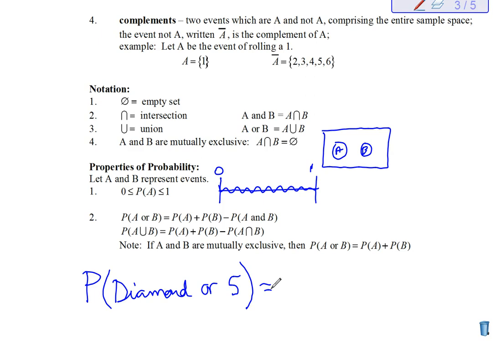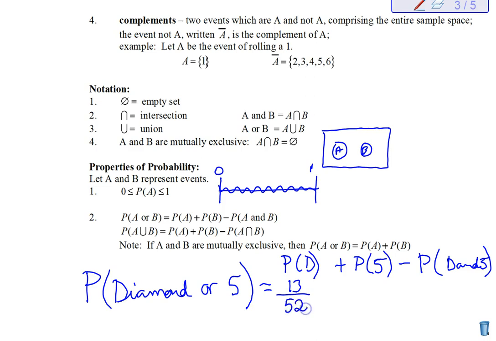What that's going to be is the probability of drawing the diamond plus the probability of drawing the 5 minus the probability of a diamond and a 5. So how many diamonds are in the standard deck of cards? That's one whole suit. So there are 13 diamonds out of 52. So the probability of drawing a diamond is 13 out of 52.